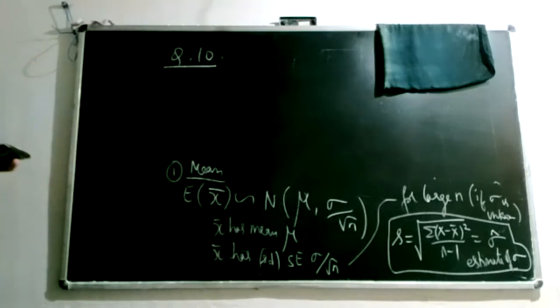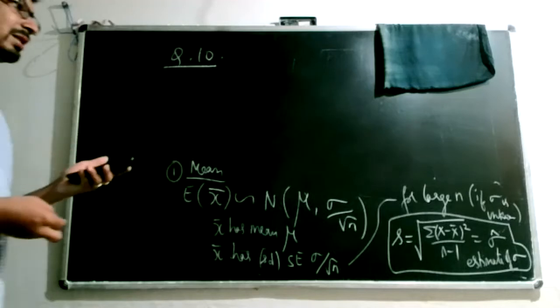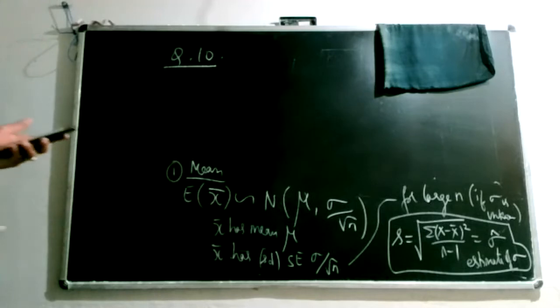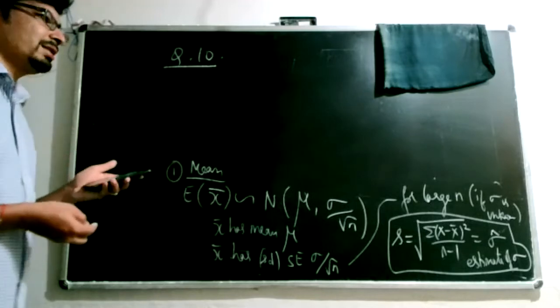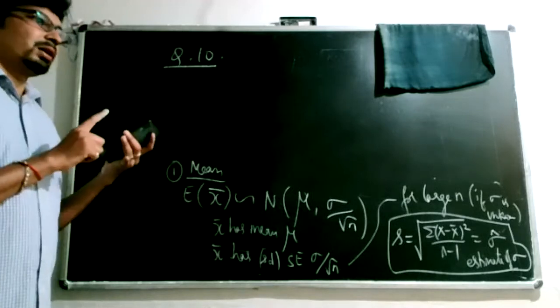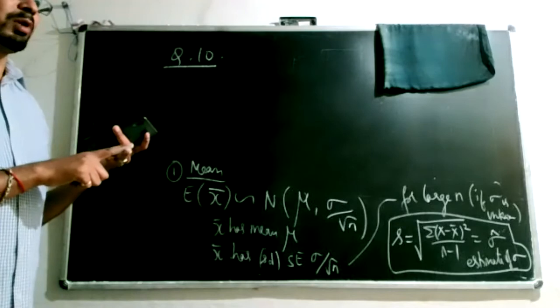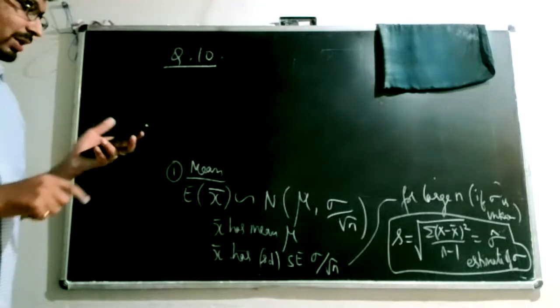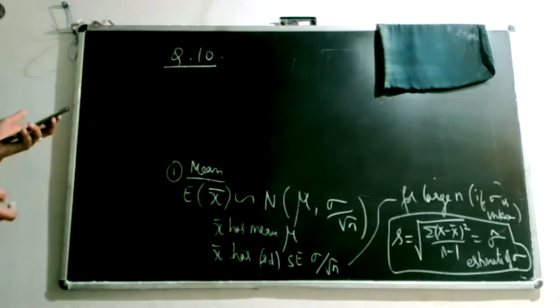Usually the tests are also called small sample tests because here we deal with samples of size less than 30. Applications: t-tests are used to test the mean of a single population, the difference of means of two populations when samples are independent, and the paired t-test. Those are the three types and applications.